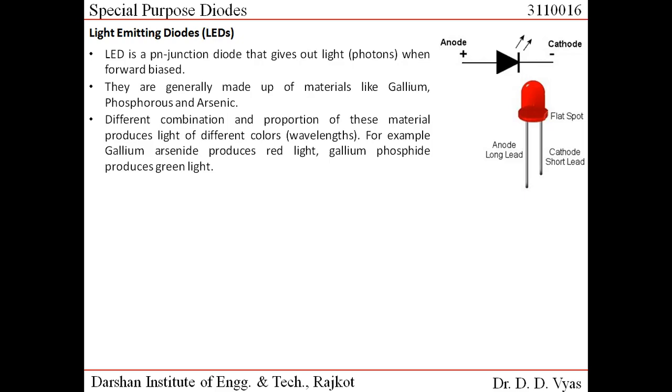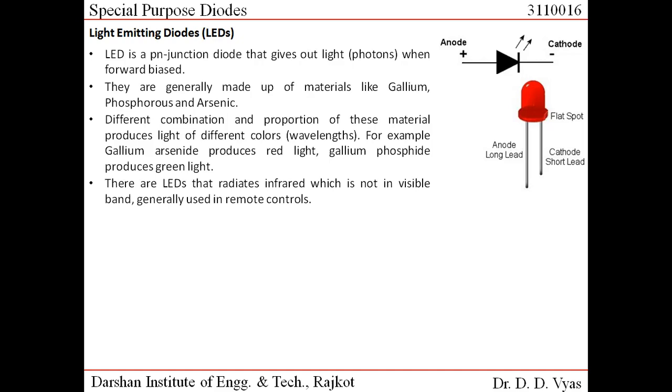So using different materials gives out light of different wavelengths or different frequencies, and hence different colors. Say for example, an LED which is made up of gallium arsenide produces red light, whereas an LED made up of gallium phosphide produces green light.